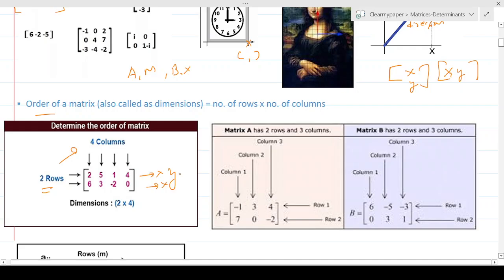And anything in the Y direction of the axis is a column. So if you see, there are two rows here, one row and this other row. You can also call it the dimensions, but order is the word generally associated with the matrix. So the order of this matrix is two rows. And how many columns? There are 4 columns, parallel to the y-axis. If you count vertically, there are 4 columns.